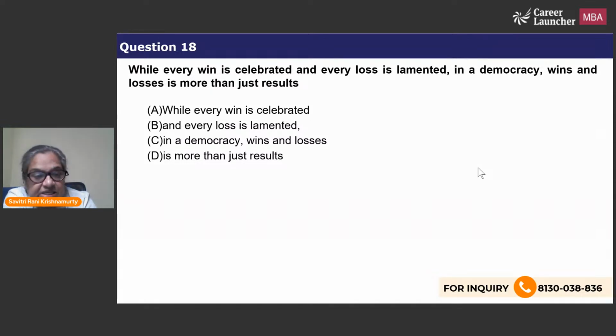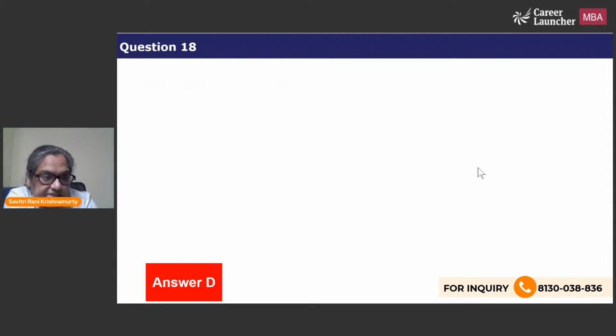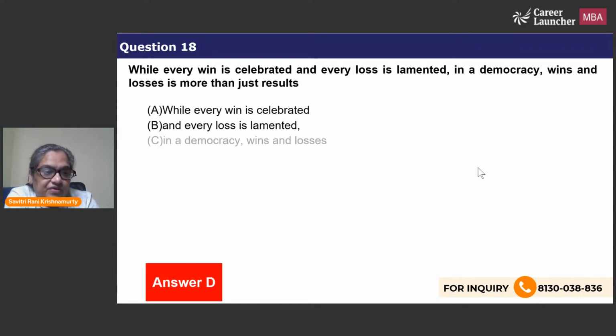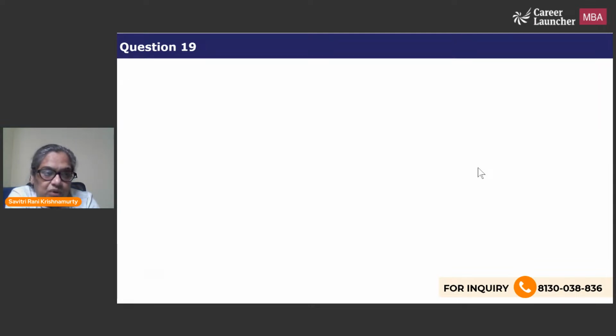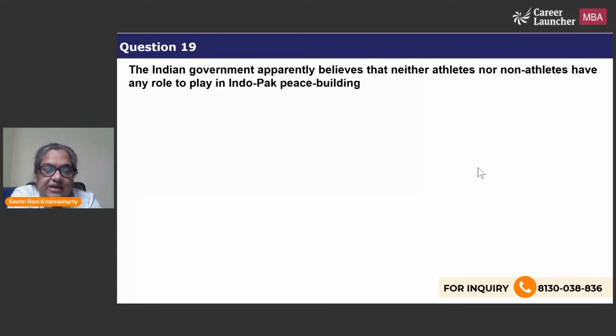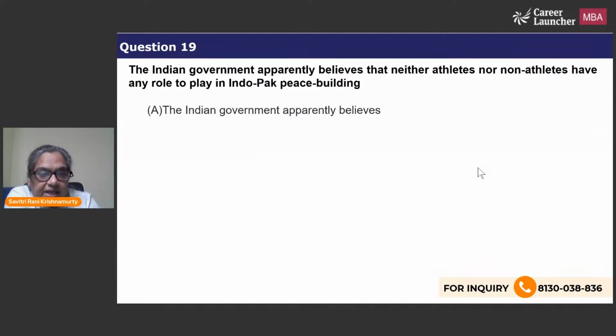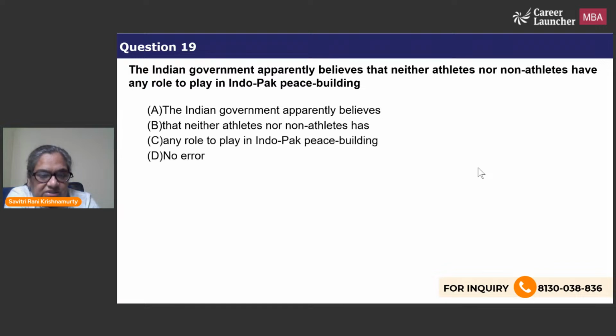Wins and losses, D is indeed the wrong answer, correct answer: wins and losses are more than just results. Excellent. The Indian government apparently believes that neither athletes nor non athletes have any role to play in this.